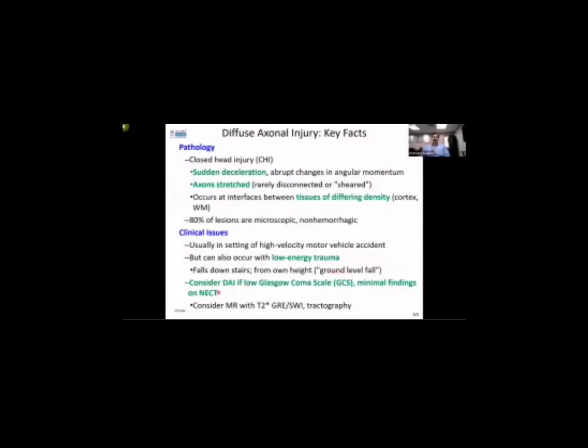This is the principle: always consider diffuse axonal injury if the Glasgow coma scale is low and there are minimal findings on non-enhanced CT. You can consider doing an MR, not in an acute sense. Nobody does an MR on the same day, but at times MR is done to see what has happened and to assess prognosis.